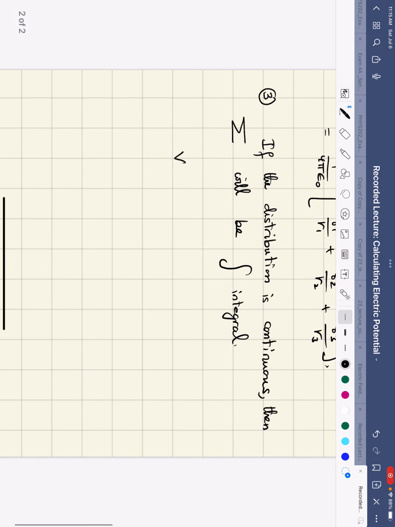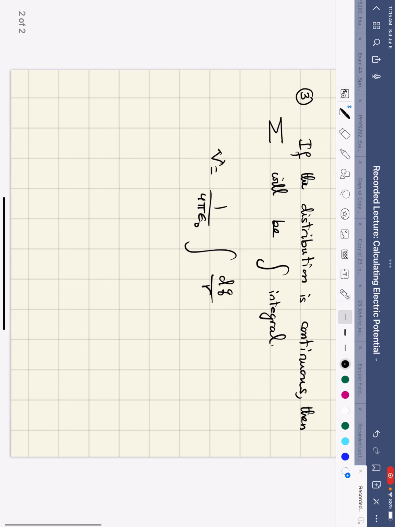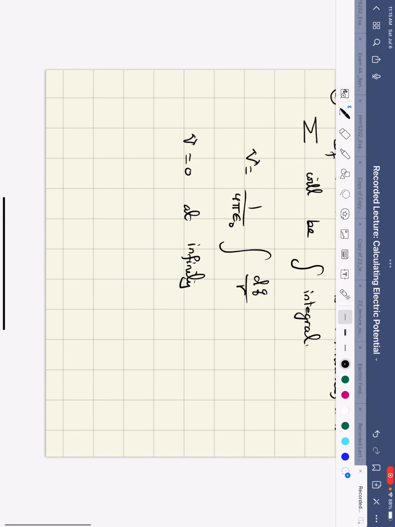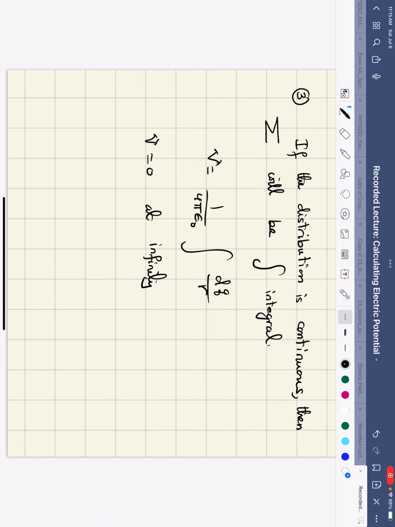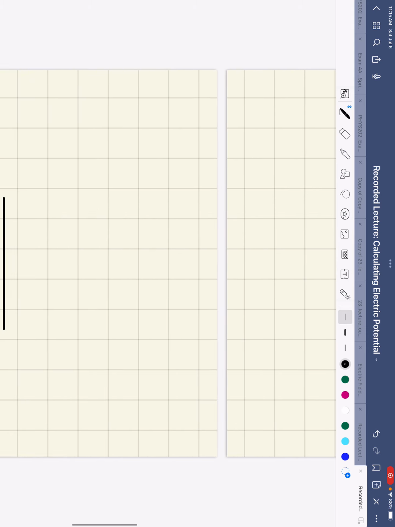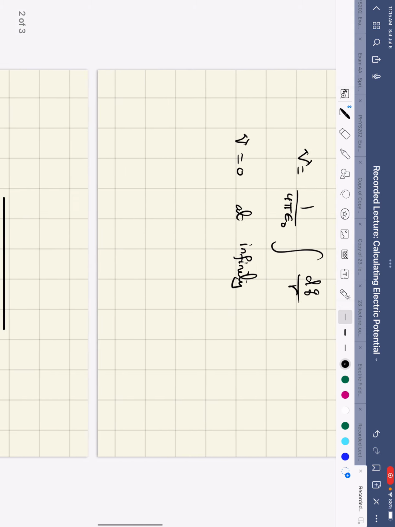And then V here is going to be 1 over 4 pi epsilon 0 times the integral of dq over r. And again, here we consider V to be 0 at infinity. I presented some of these equations and how to use them in the main lecture.